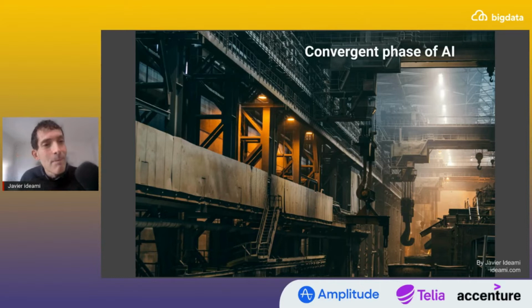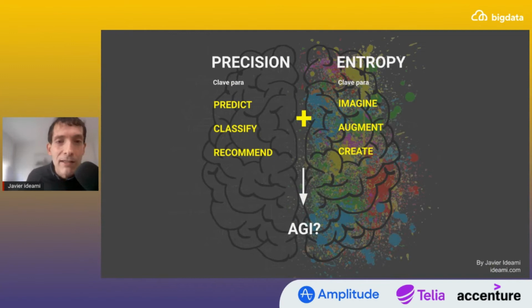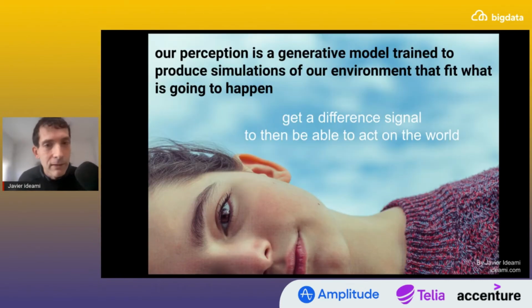We have really improved in our capability of predicting, recommending, classifying, and now we come home, because with the generative AI revolution, we're able to combine divergence and convergence, compression and decompression, exploration and exploitation, and very important, in a multimodal way. So precision and entropy: we predict, classify, recommend, but also now imagine, augment, and create.